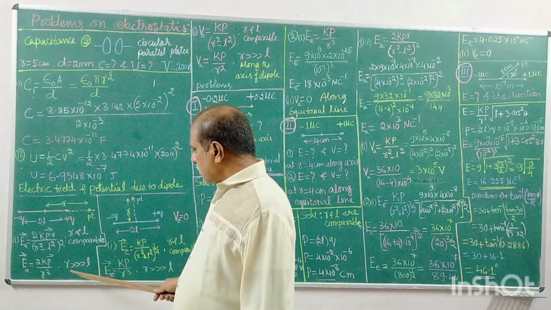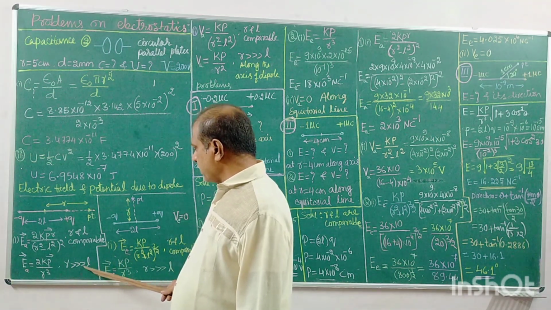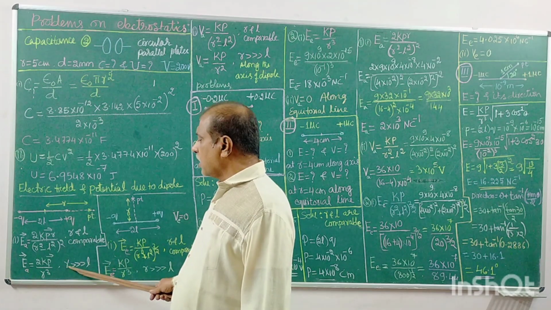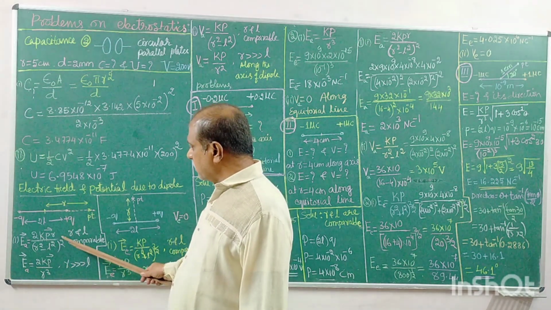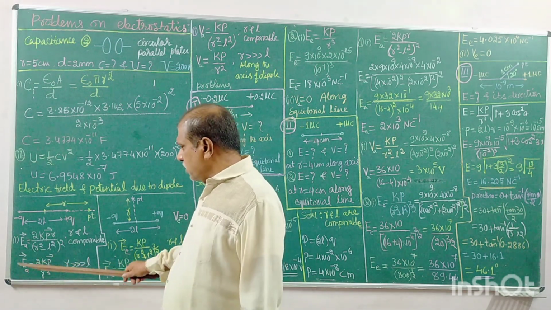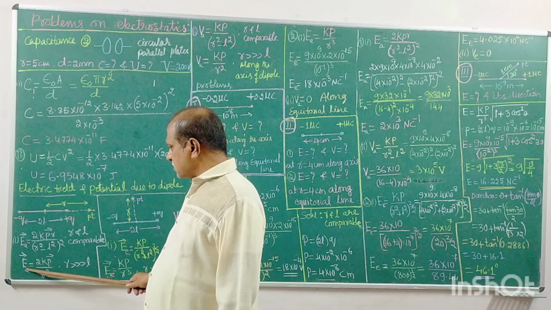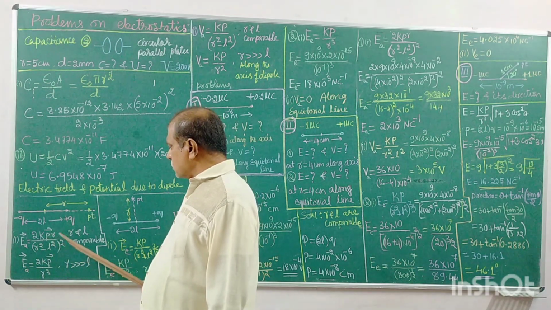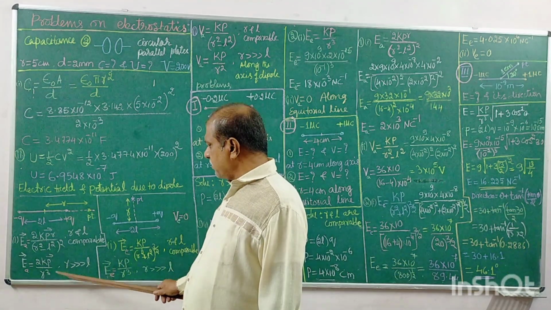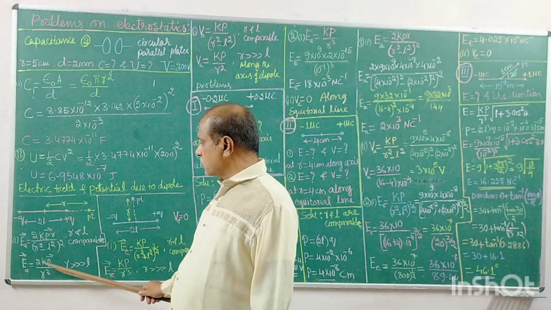That means R is far greater than L. The value of L is very small and the value of R is very large. Then the same equation reduces to this form. This is the same electric field along the axis: the first equation when R and L are comparable, and this reduced one when R is far greater than L.